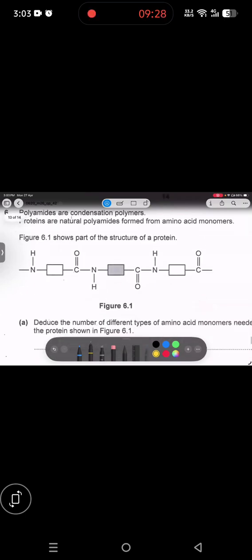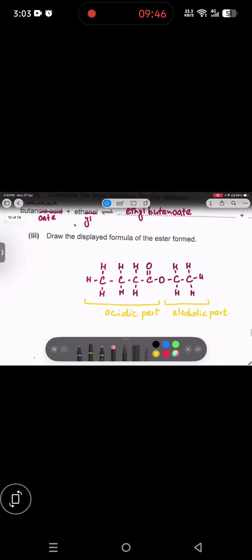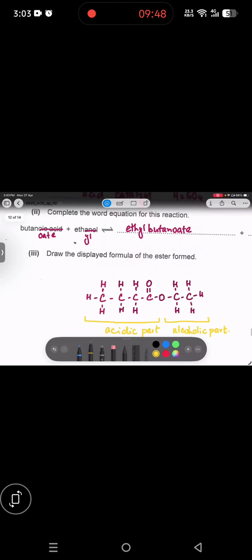I think this is not clear to you right now, but you will study it in AS in detail. For right now, you have to know that the acid will lose the hydrogen and the alcohol will lose the OH only, for the time being.